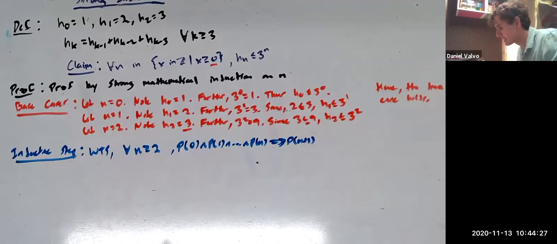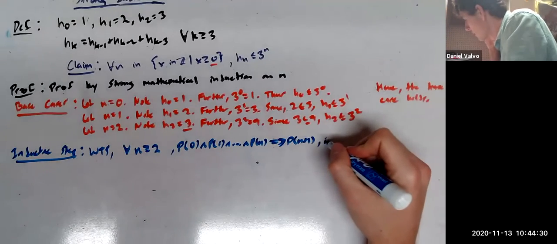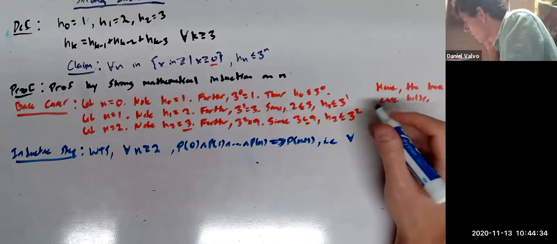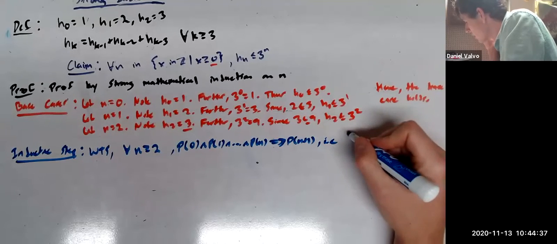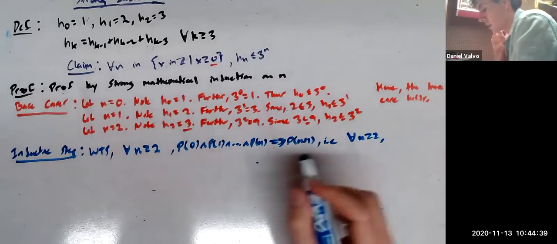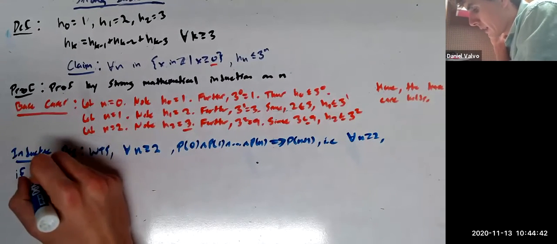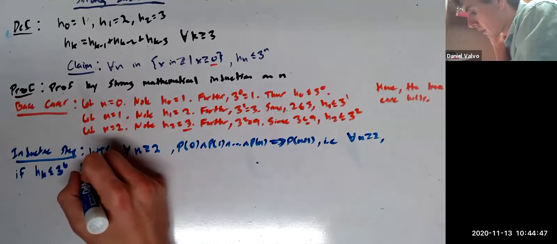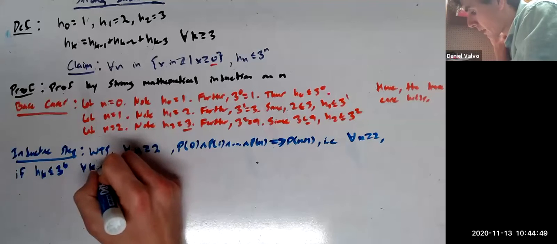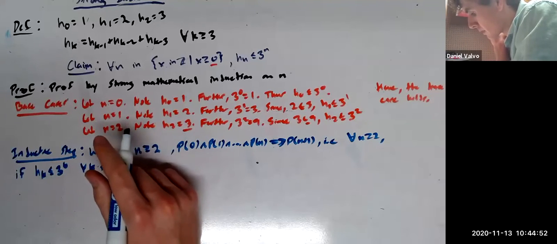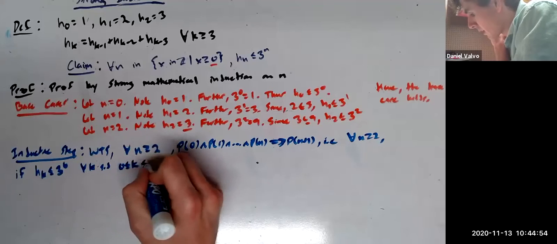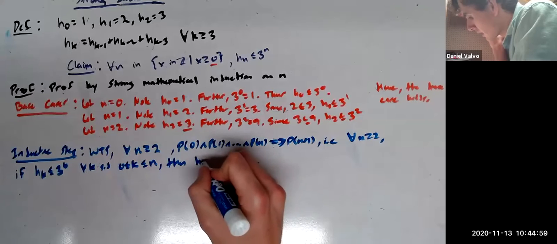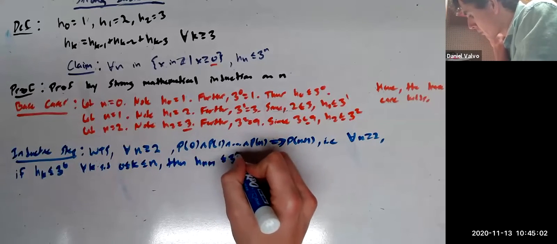As we want to show, in this case, i.e., we want to show that for all n greater than or equal to 2, if h of k is less than or equal to 3 to the k for all k such that 0 is less than or equal to k less than or equal to n, then h of n plus 1 is less than or equal to 3 to the n plus 1.